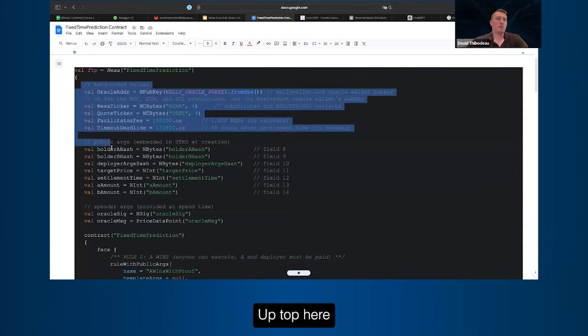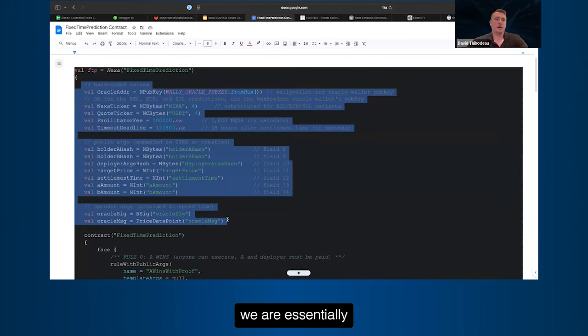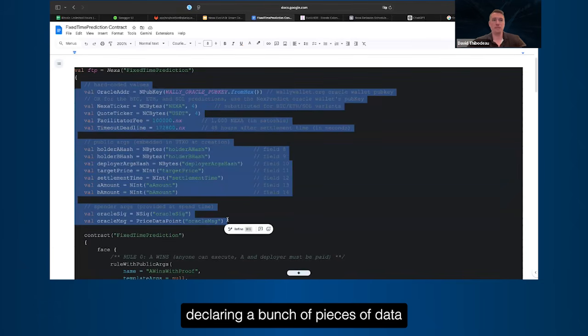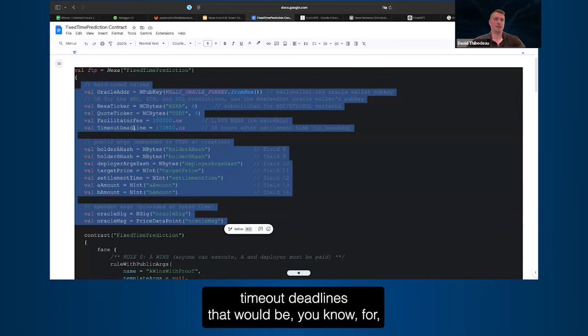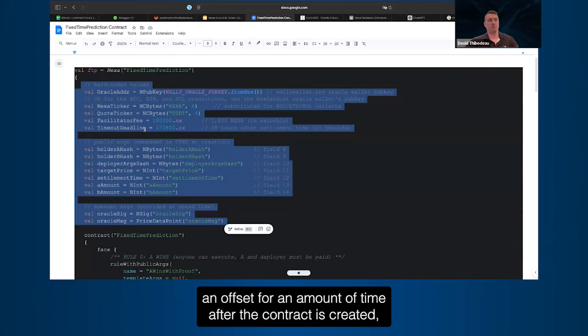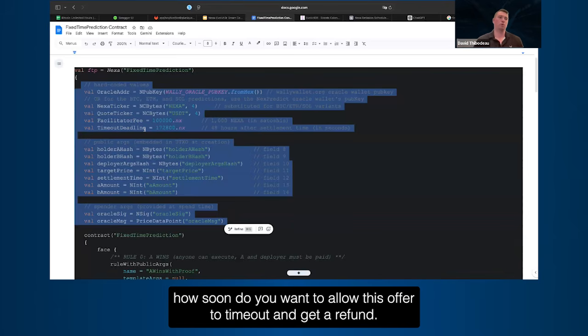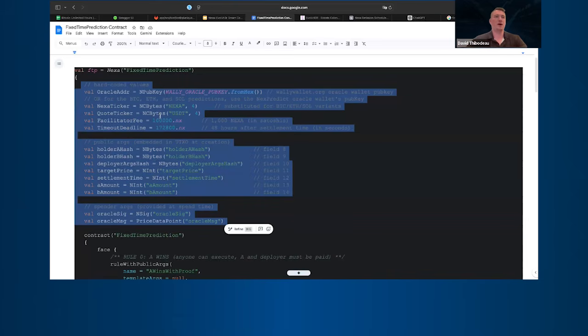Up top here, we are essentially declaring a bunch of pieces of data that the contract is going to expect. These are things like timeout deadlines that would be an offset for an amount of time after the contract is created. How soon do you want to allow this offer to time out and get a refund?